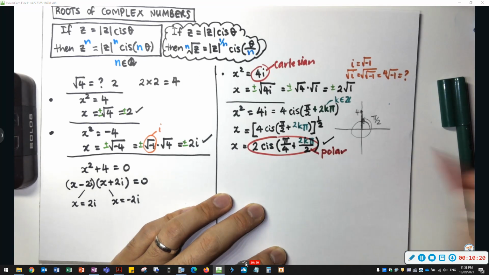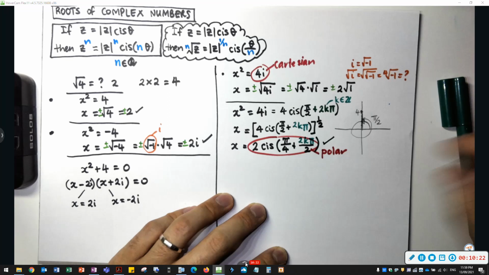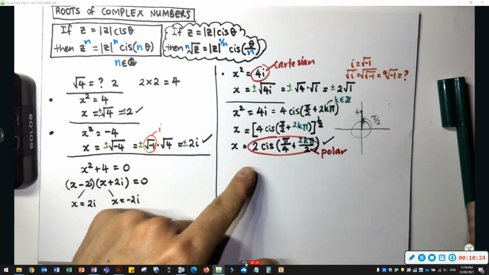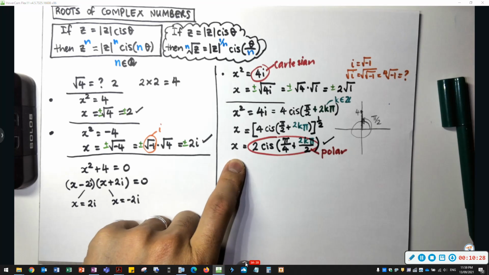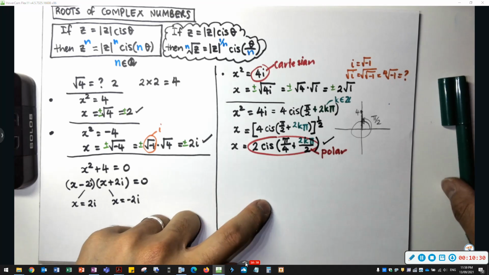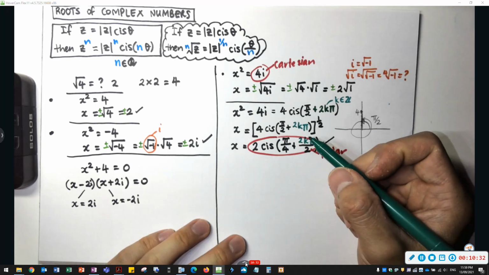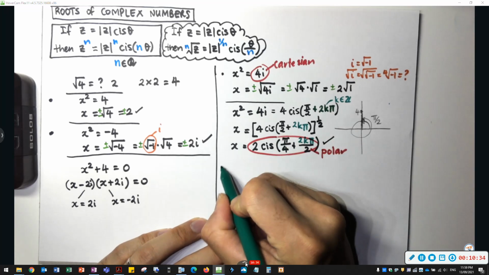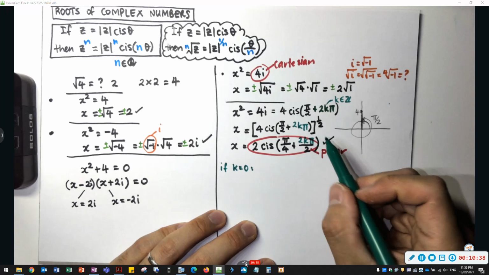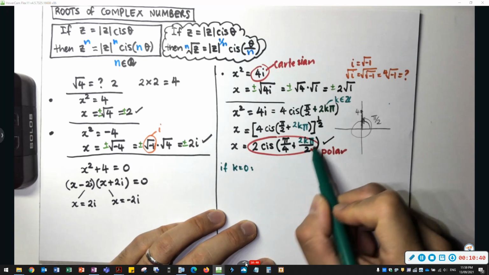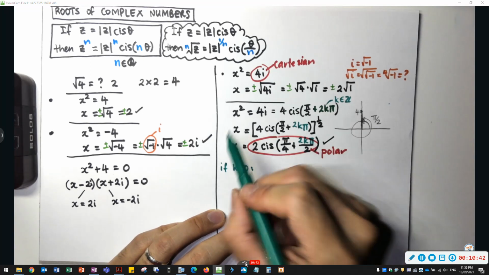It's not easy to read though. I mean, how do I see that there are two solutions? Because remember, if we start off with a quadratic equation, then we should have two solutions down here. So what's with this k here? What we're going to do now is check out different values of k. We always start off with k equals 0. Now, the reason why is because it will make this term disappear. So this solution is called the primitive.